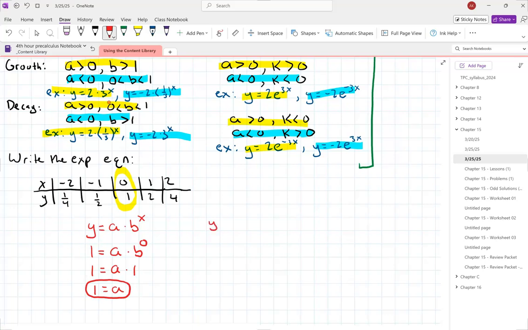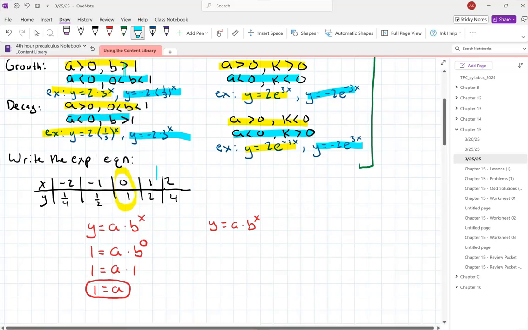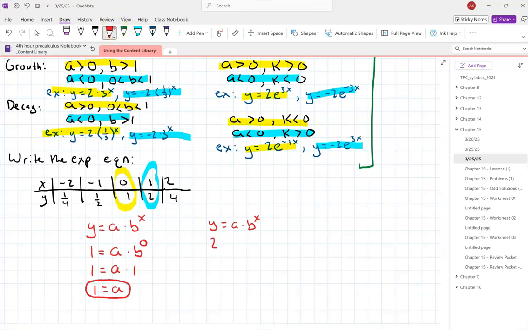So if we then start over, but this time use a different point, say the point 1, 2, we can use that along with the fact that we now know a is 1 to solve for b. So we'd have our answer.